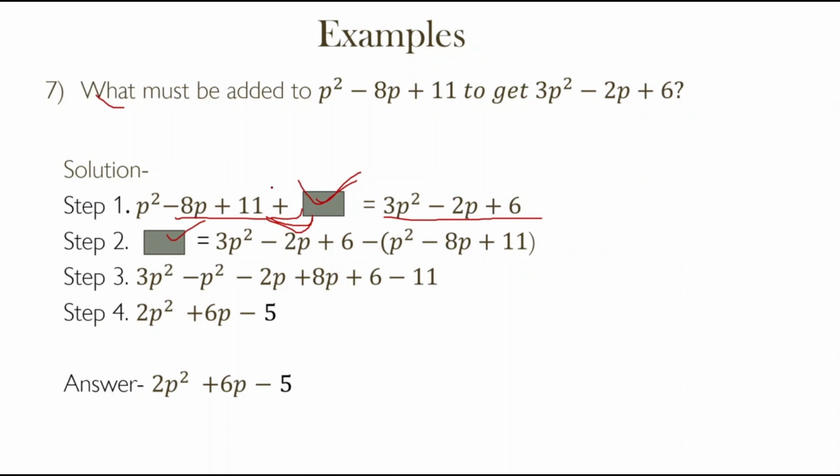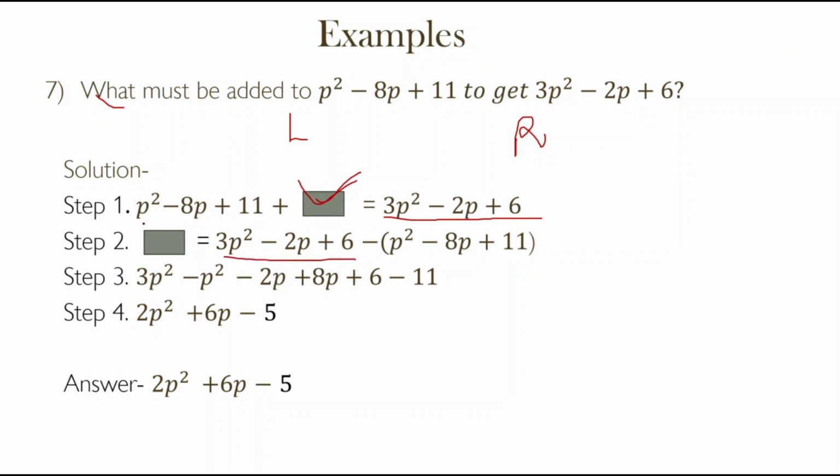Second thing I told you was that whatever we need to find, that should be alone on its side. So on the left side, only this blank box should be there. If there are some other terms, we need to shift them to the right side. So shifting them to the right side, how? Let's see. On the right side, already there was 3p square minus 2p plus 6, which will remain there.